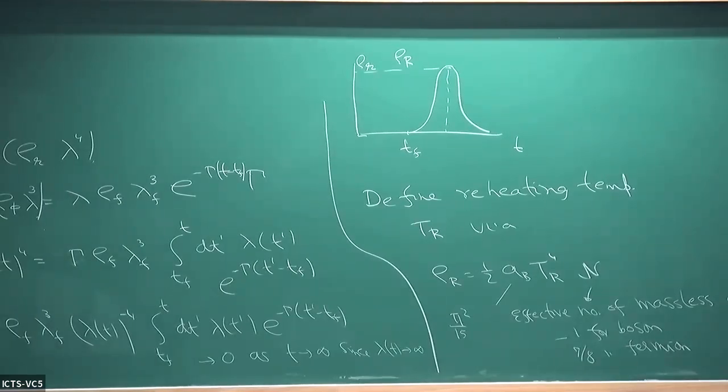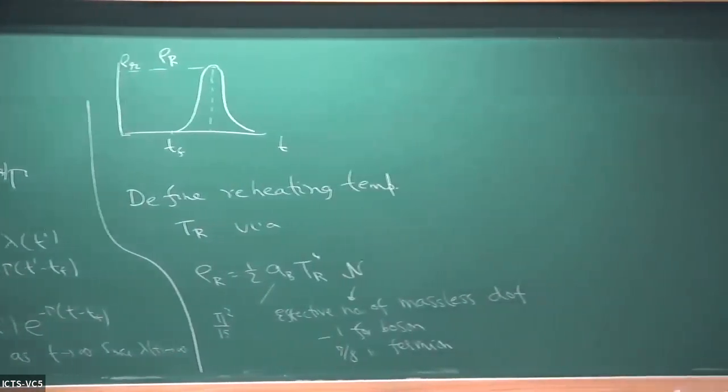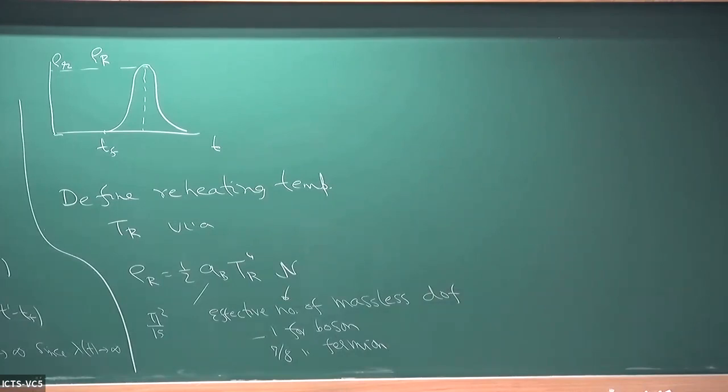So this means the entire energy contained in the phi won't get converted into the radiation? Well, the point is it will convert, the entire energy content will convert to radiation. But what's happening is that the energy density is also falling because the universe is expanding.